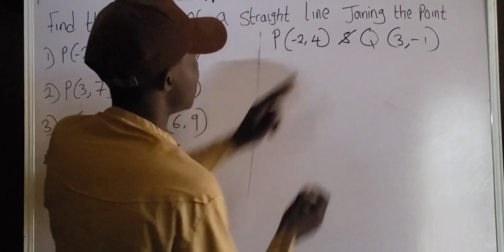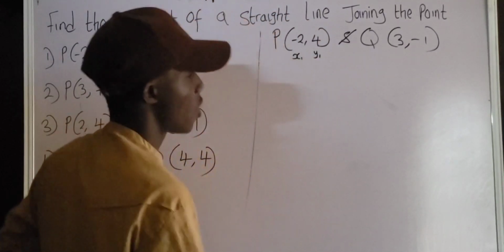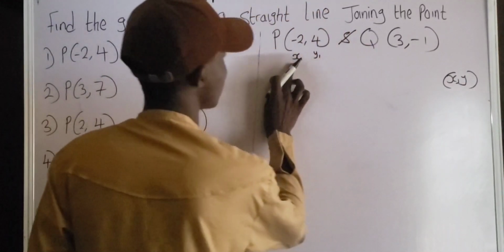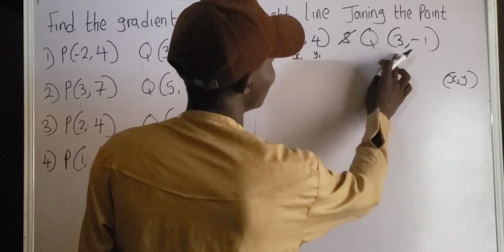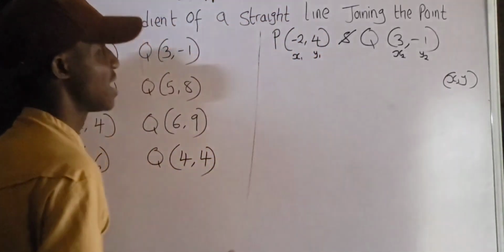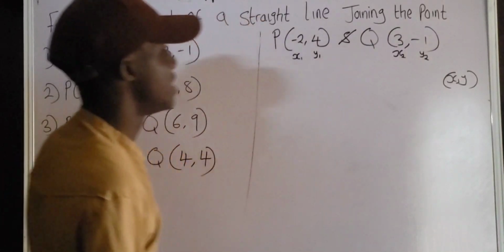So this is my x1 and this is y1, since any coordinate consists of x, y. This will be x1, this will be y1, this will be x2, and this will be y2.